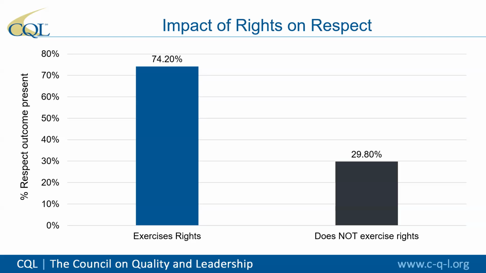When people are able to exercise their rights, the outcome of people being respected is present 74.2% of the time, compared to just 29.8% of the time when they're not exercising their rights. Looking at this is important because rights and respect have a clear impact on each other. And if our mission is about rights and respect for people, then this is important data to understand and to know.